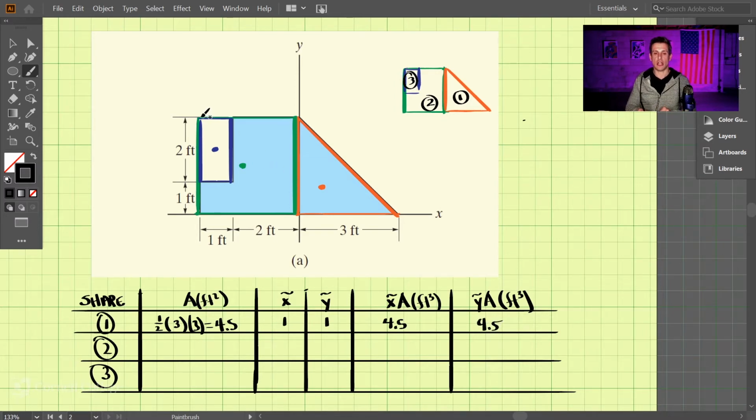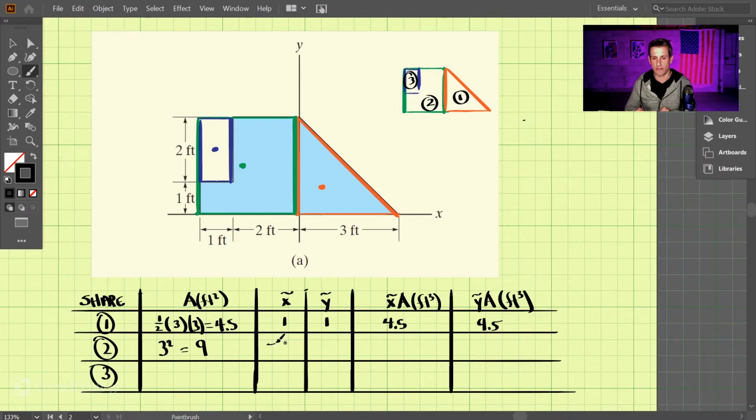Okay, moving on to shape 2. Remember that this shape is the big square here. For a square, it's just the side length squared, so we have 3 squared, and that comes out to be 9. X tilde is halfway, so if the whole base here is 3, half of that is 1.5, but we must make sure it's negative. It's in the negative x direction if this point in the center is 0.